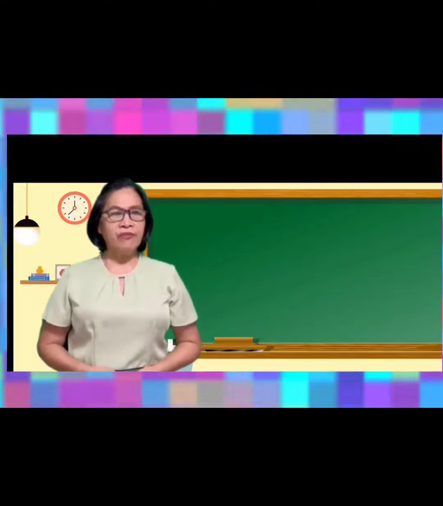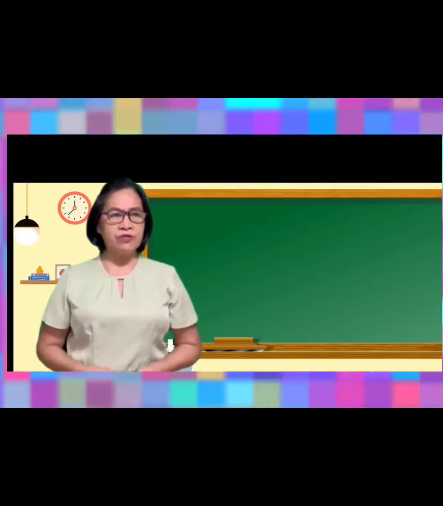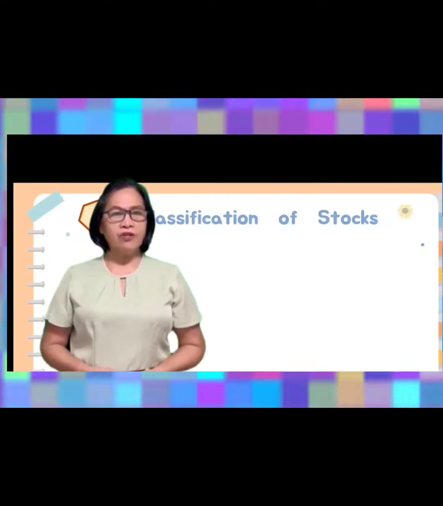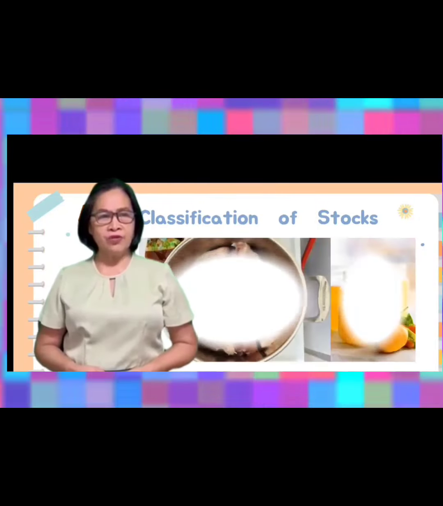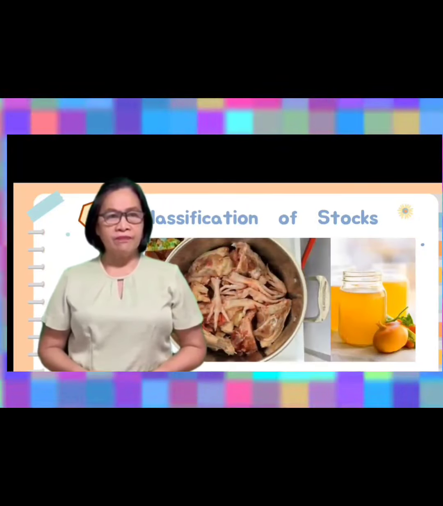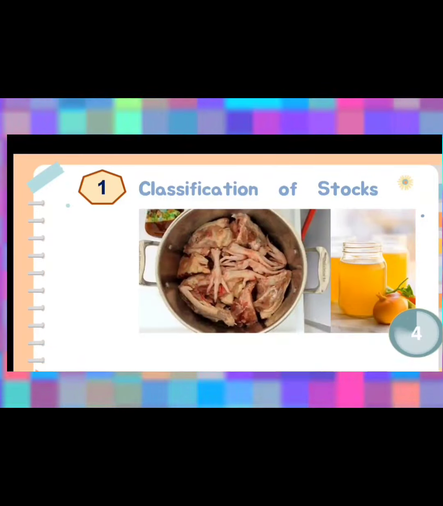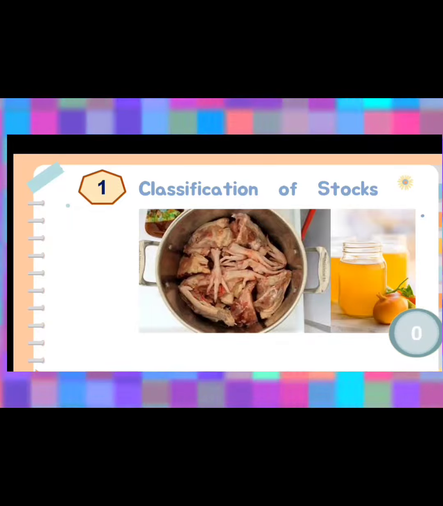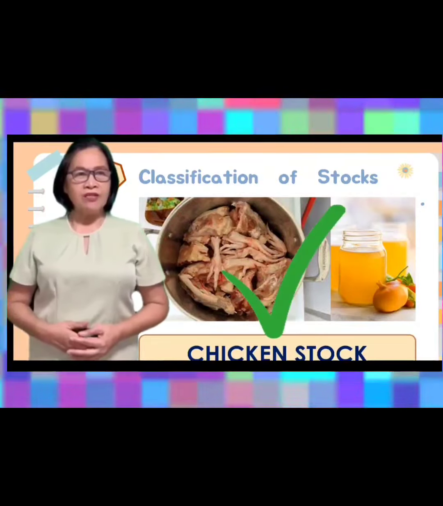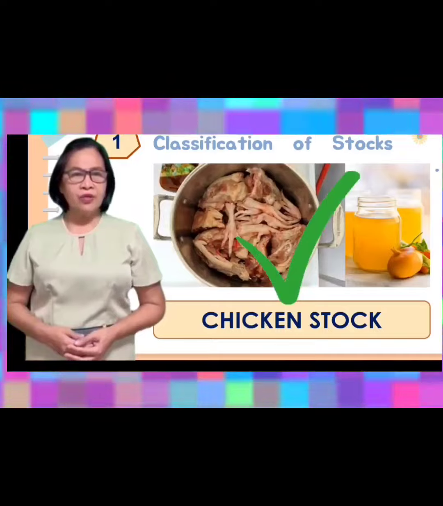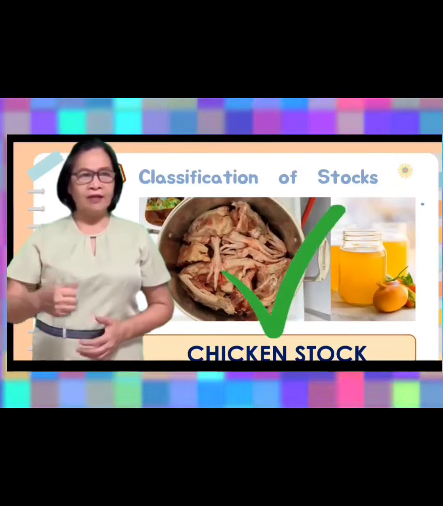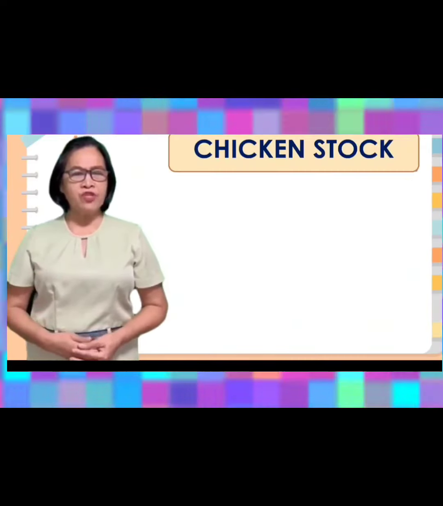Let me see if you are familiar with the following pictures. What classification of stock is shown in the picture? If your answer is chicken stock, you are correct. Chicken stock is made from chicken bones.